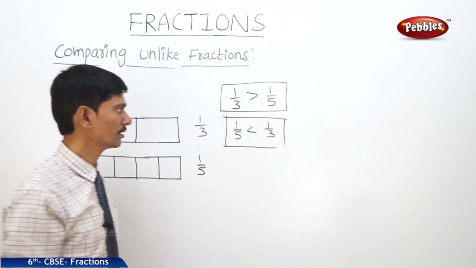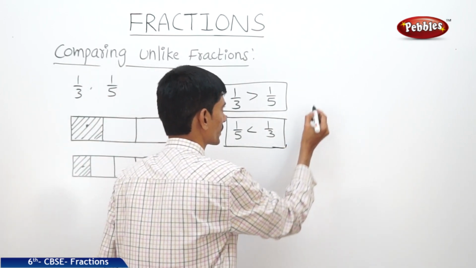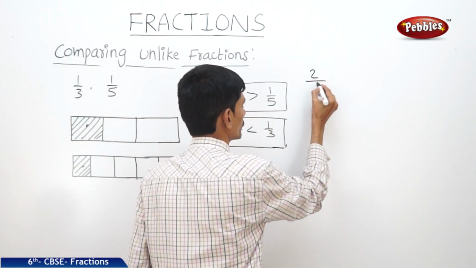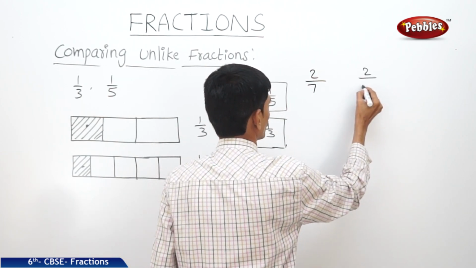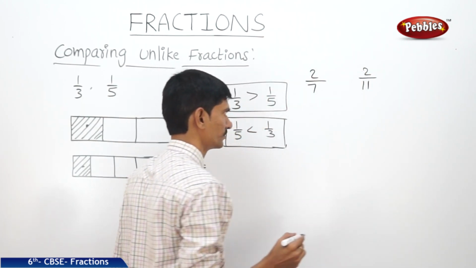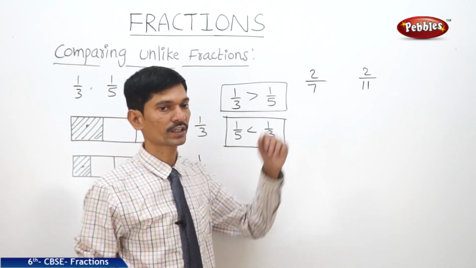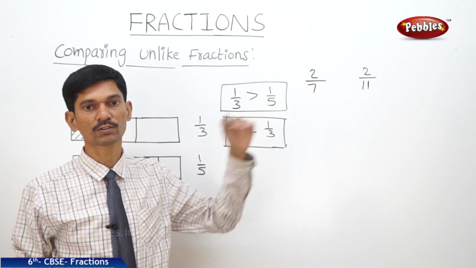Now if we compare other two fractions like 2/7 and 2/11, here also these two are unlike fractions but their numerators are equal.